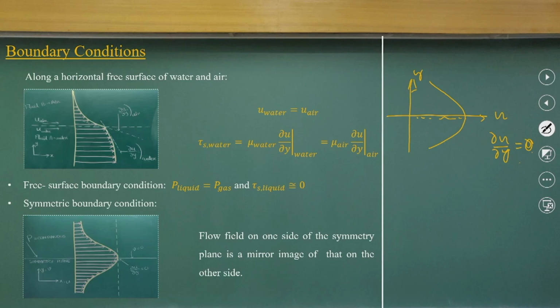Now, v will also be 0. So, if I have a symmetric problem, instead of solving the total problem, we just solve this part, subject to the boundary conditions v equal to 0 and the gradient of u in the y direction equal to 0. Similarly, many cylindrical and pipe flows are simplified by considering symmetry.